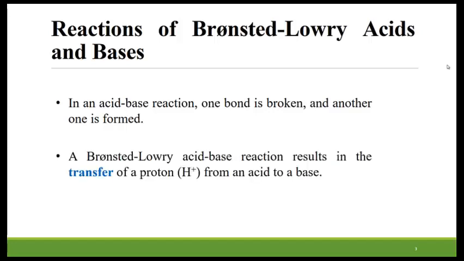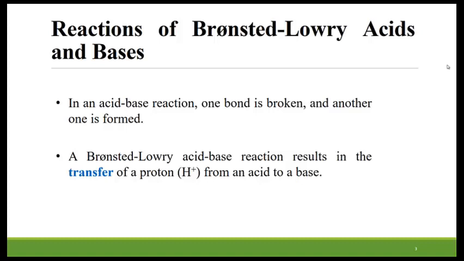So a Bronsted-Lowry acid-base reaction results in the transfer of a proton, which is the hydrogen ion. Why do we call hydrogen ion a proton? Think about hydrogen: it's made up of one proton and one electron. When it becomes an ion, it loses that electron, so all we're left with is a single proton. So our proton is represented by H+.